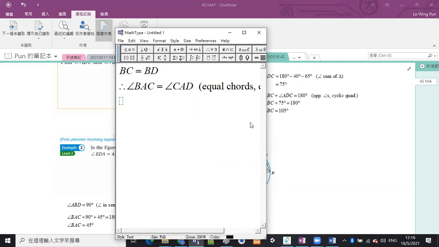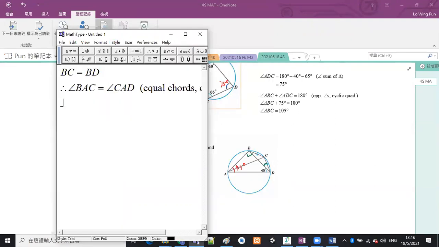But this time it is angle at circumference. And they are both equal to 45 degrees divided by 2, because the sum of these two equal angles is equal to 45 degrees. Therefore, each of them will be equal to half of 45 degrees.